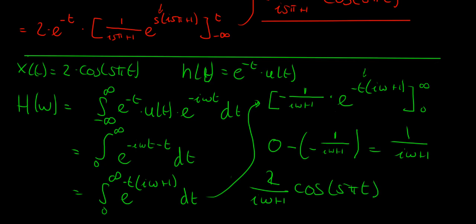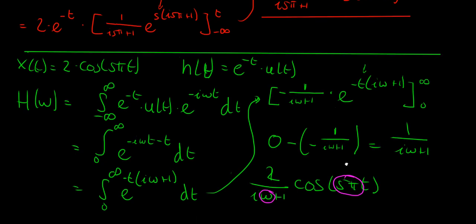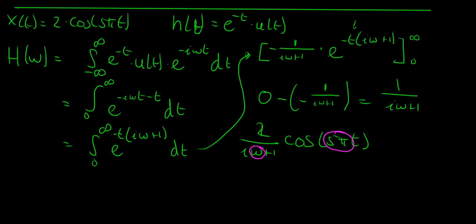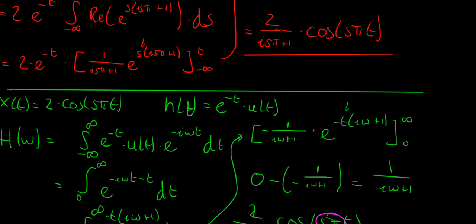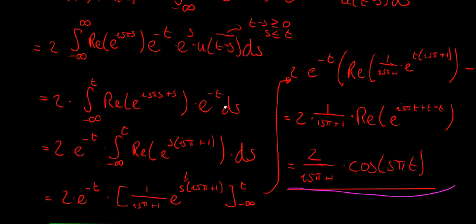However, we can only do this when our input has a specific form, because we know that our input has an omega of 5 pi, so we can fill that in for this omega, resulting in our final answer of 2 divided by i 5 pi plus 1 multiplied with the cosine of 5 pi t. And this answer is exactly the same as the answer that we got up here. And as you saw, this answer was much more easily computed than what we did above here with the convolution.